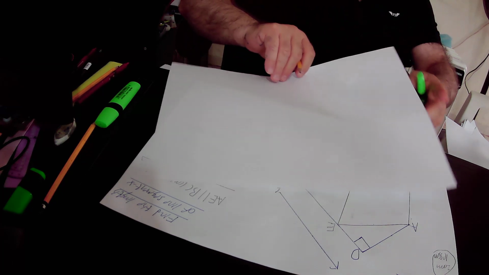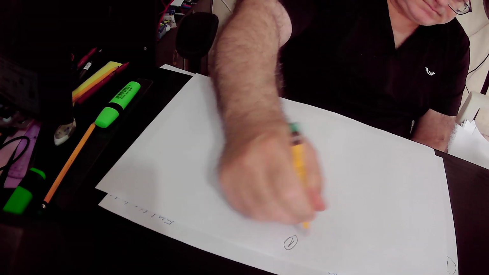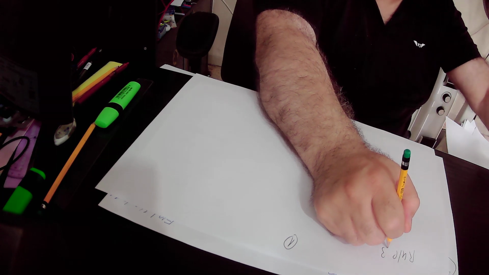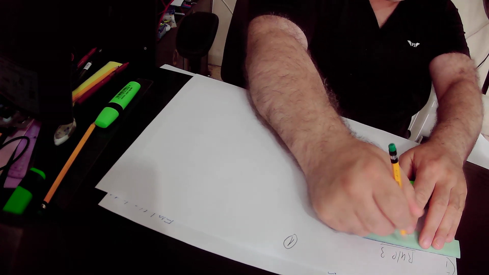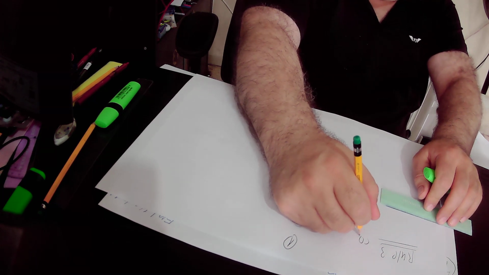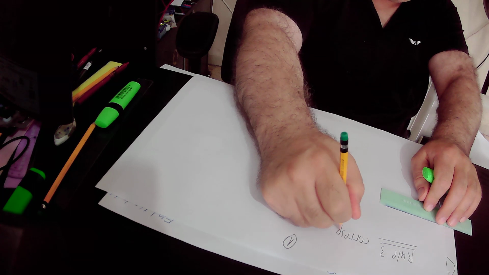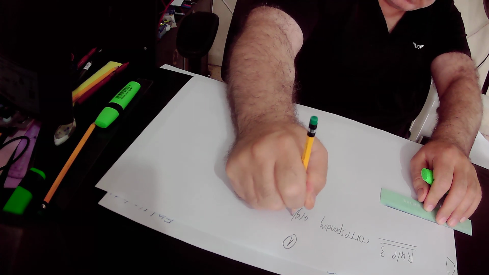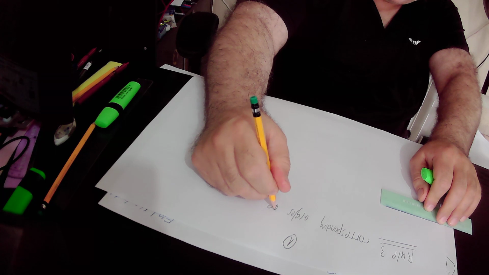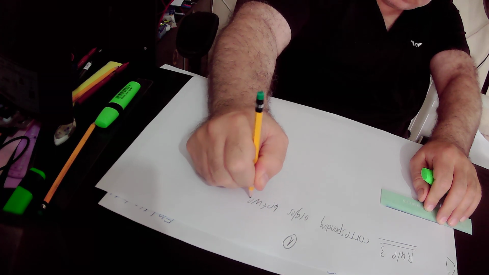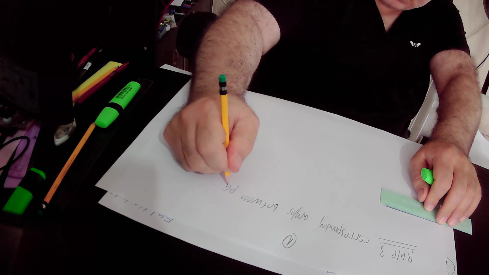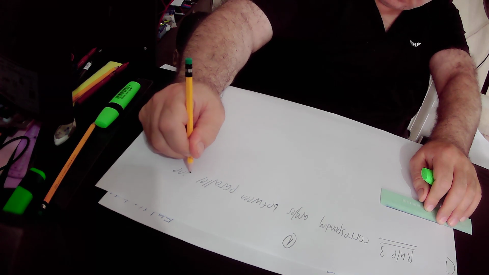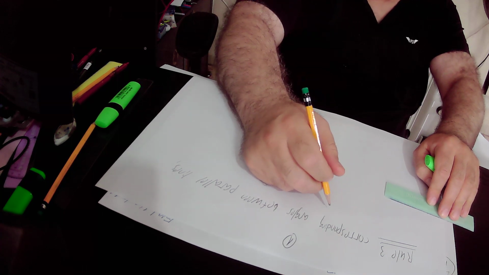According to rule number 3, corresponding angles between parallel lines are equal to each other.